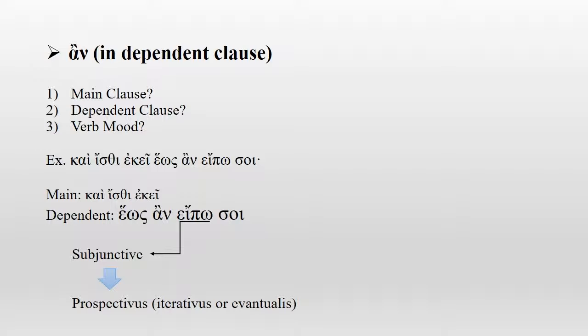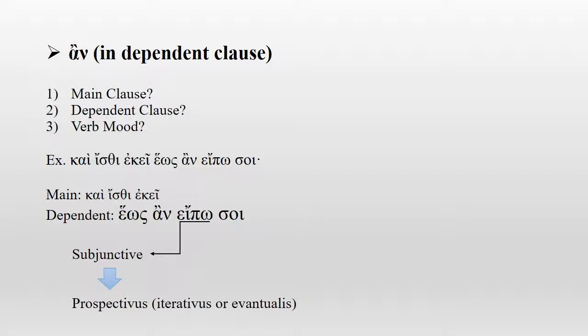The verb is translated as a repetition, so keep doing it, keep telling you, right? Eventual means eventually it will happen in the sense of the future. What is it in our case? Eos an eipo. Now, do not translate an; it's a grammatical indication of how to translate.